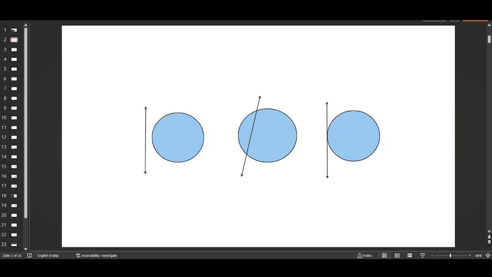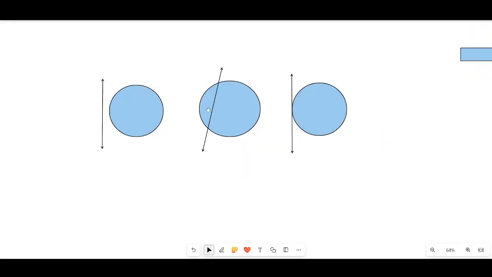That means there are three types of relationships. The first one is non-intersecting. This is a non-intersecting line.